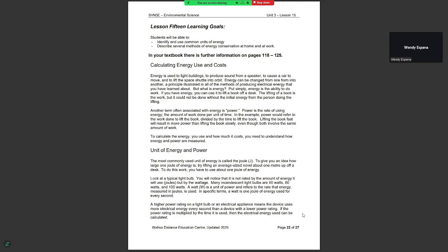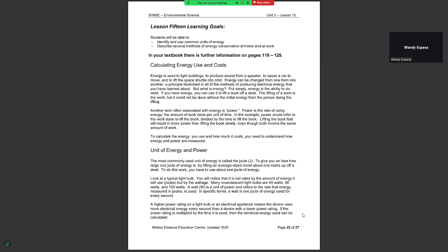So we're going to start by looking at calculating energy use and costs. There's a couple of new words that we're going to learn. One of them is looking at what is energy. Okay, so energy is the ability to do work.